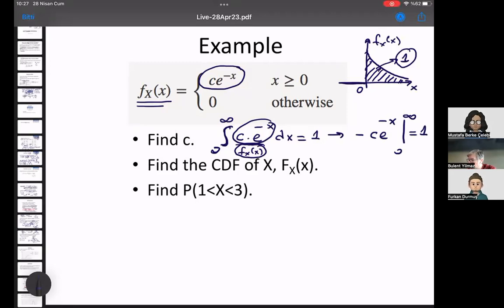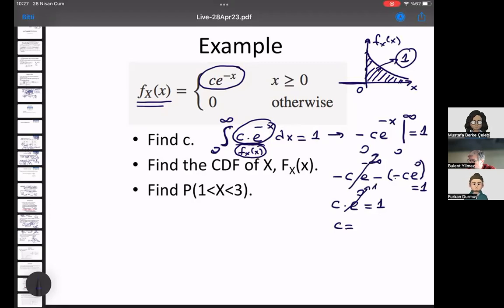Then I put infinity here: minus c e to the power minus infinity, minus minus c e to the power 0 should be equal to 1. So e to the power minus infinity is 0. So this part is gone. I will have minus minus plus c times e to the power 0 should be equal to 1.